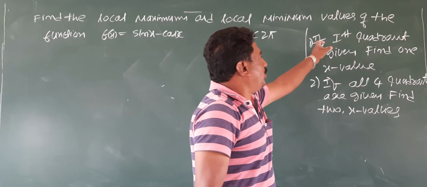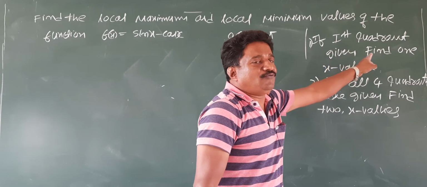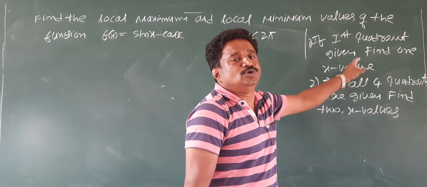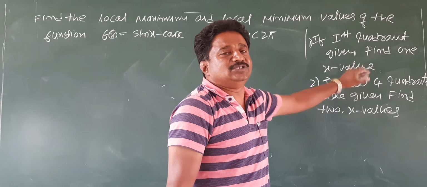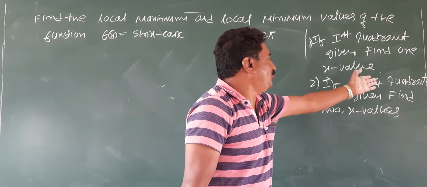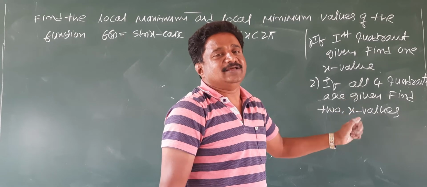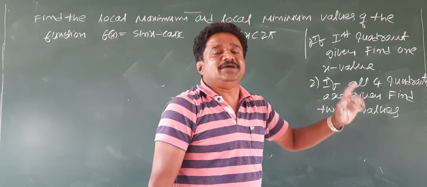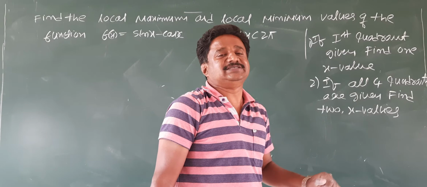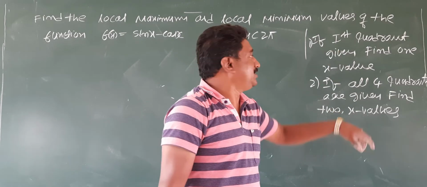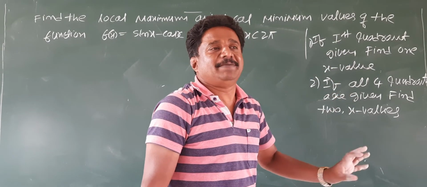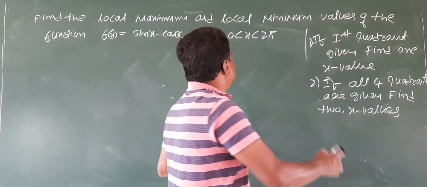If only the first quadrant is given, you go for finding only one x value. Useful note, it is useful for you. If all 4 quadrants are given, you find 2 x values. Same thing we did in increasing decreasing also. You recall that. Remember some useful points, students.